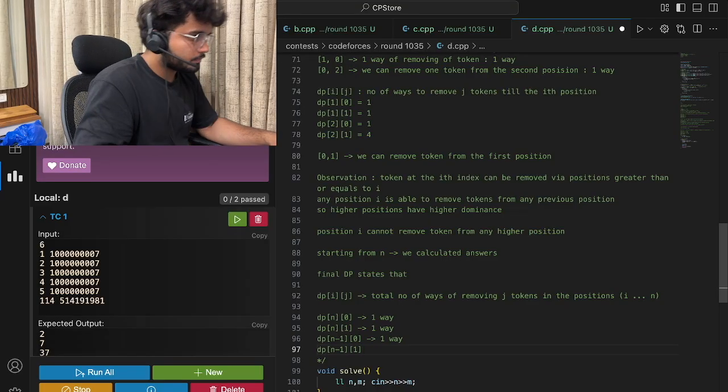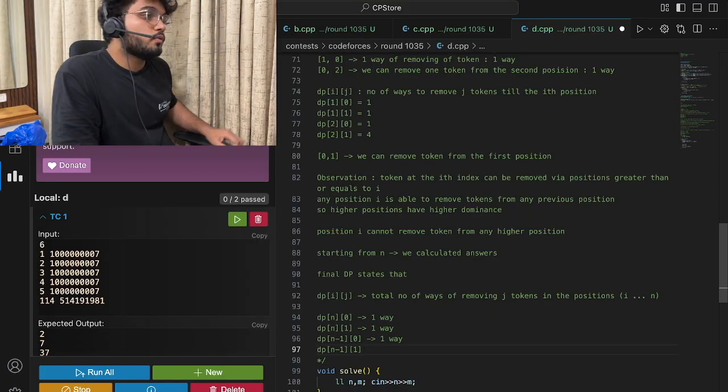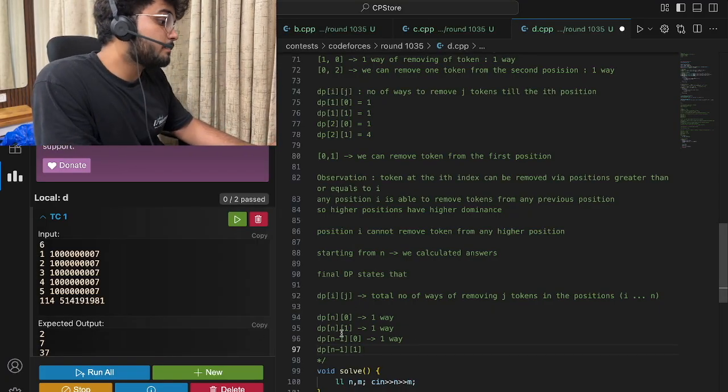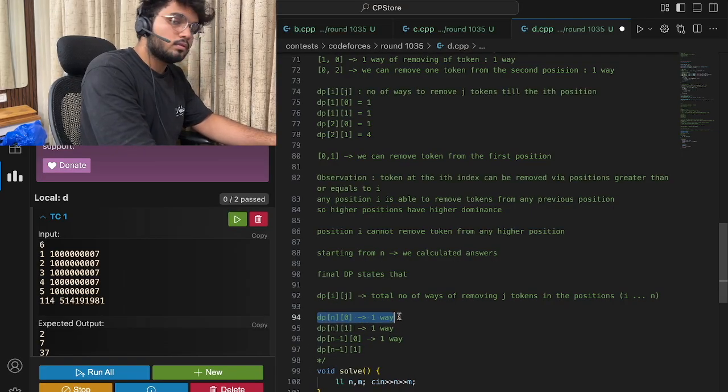How? We know the total number of ways of removing 0 elements from the next position, right?